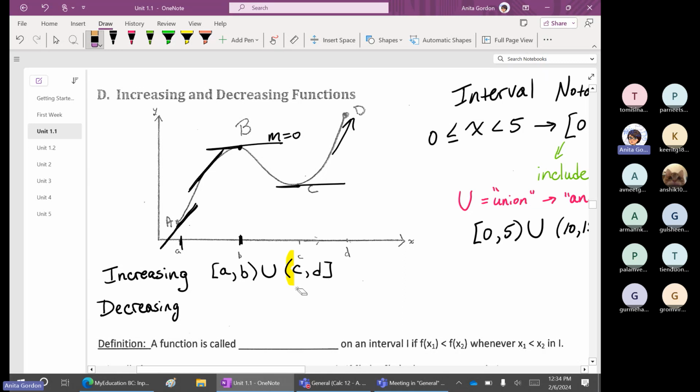Okay, what about decreasing interval notation? Round B till C. What kind of bracket on C? Also round. And I think that's it.